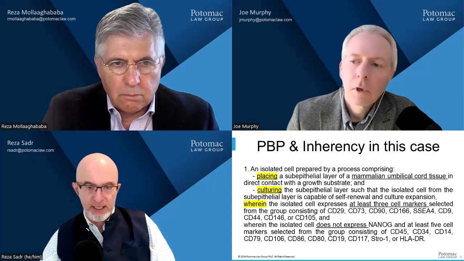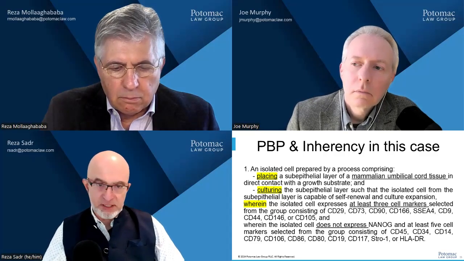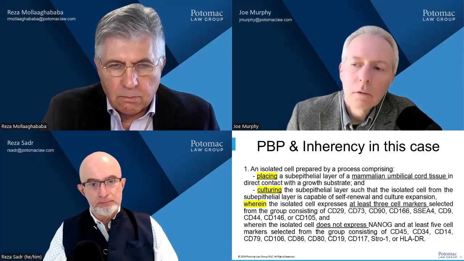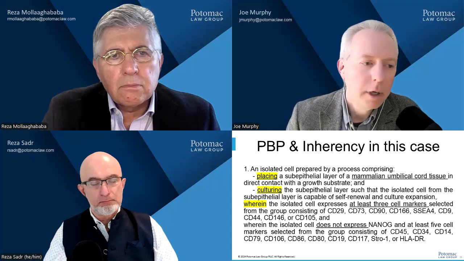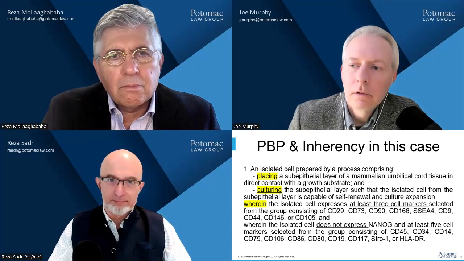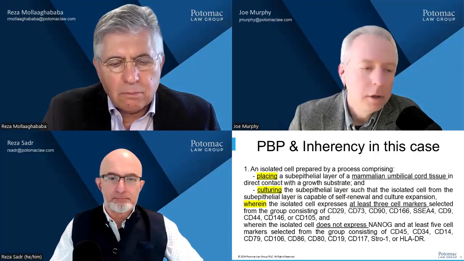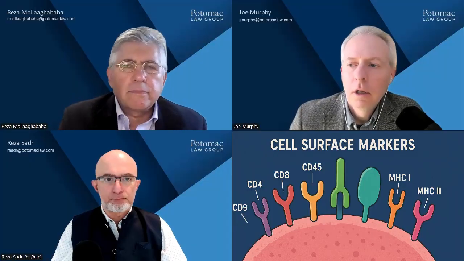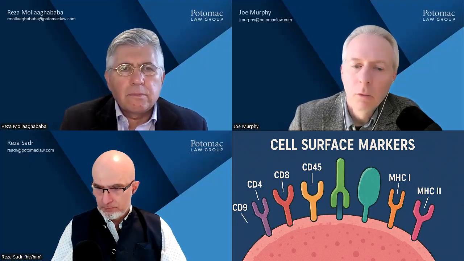So maybe it's a good time to go to some discussion about key takeaways of this case. Well, people who watch our videos know that we talk about 101 and patentable subject matter all the time. And so the thing that jumped out at me about this claim, the isolated cell with this cell surface marker profile, I thought, oh, this has got to be a 101 issue.